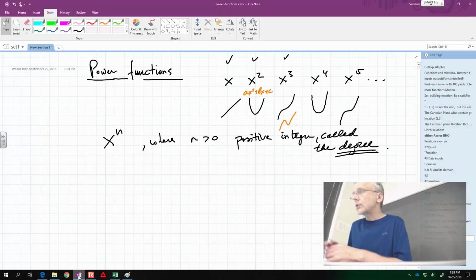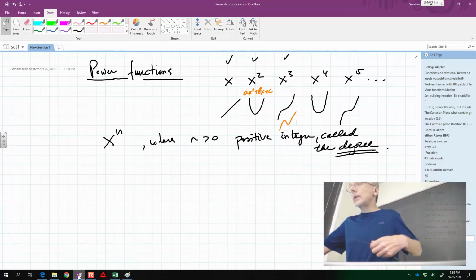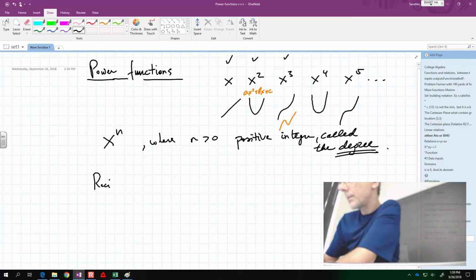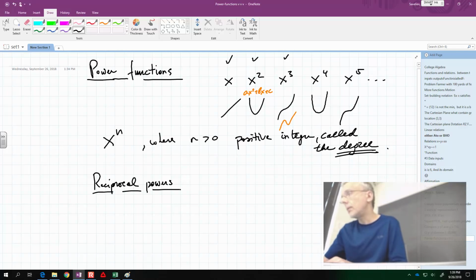Okay, one more class of functions: reciprocal powers. Not entirely new. We can just take a power function and take its reciprocal: 1 over x, 1 over x squared, 1 over x cubed, 1 over x to the fourth, and so on.